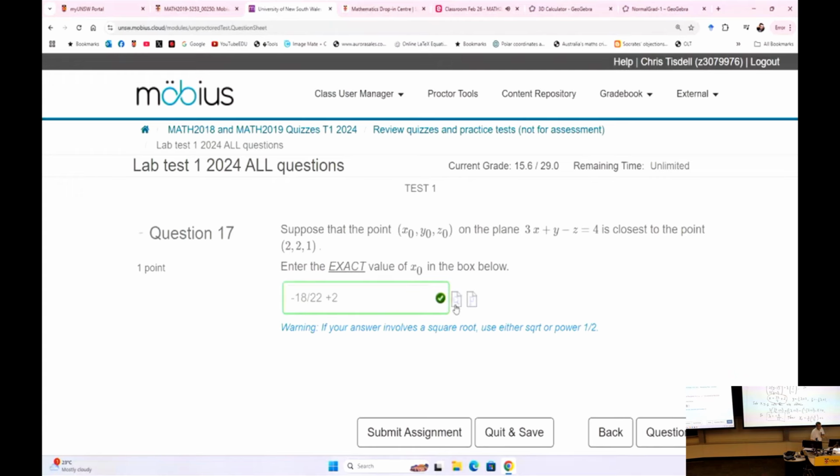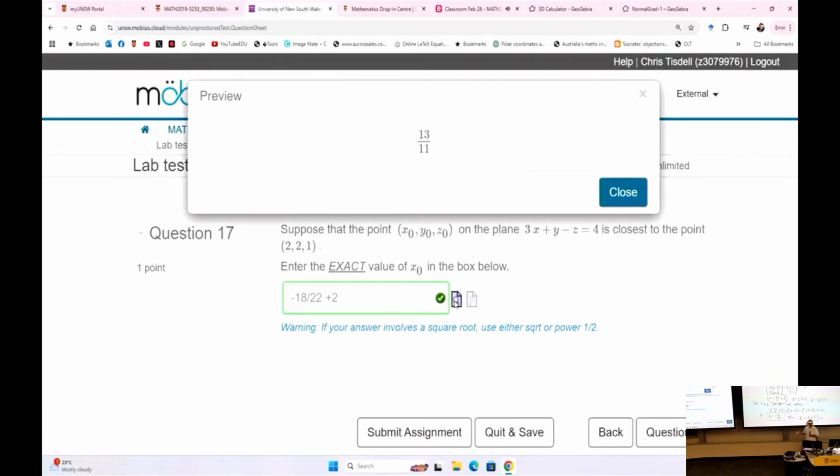Now let's do the preview. So preview should simplify it. Yeah? So I really like this idea of Mobius simplifying things for you, right? Because it hopefully means you make fewer mistakes.